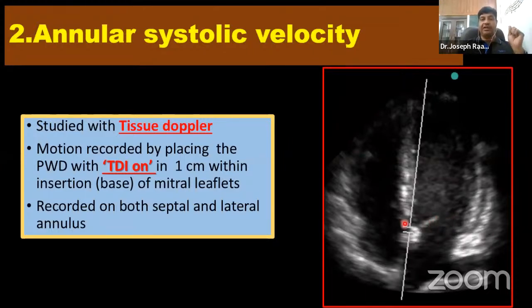For that, we need to employ what is called tissue Doppler imaging. By keeping your sample volume at the base, within 1 centimeter of the insertion of the annulus, you switch on the TDI mode, then you record the movement of the annulus. It has to be done on both sides, septal as well as lateral.